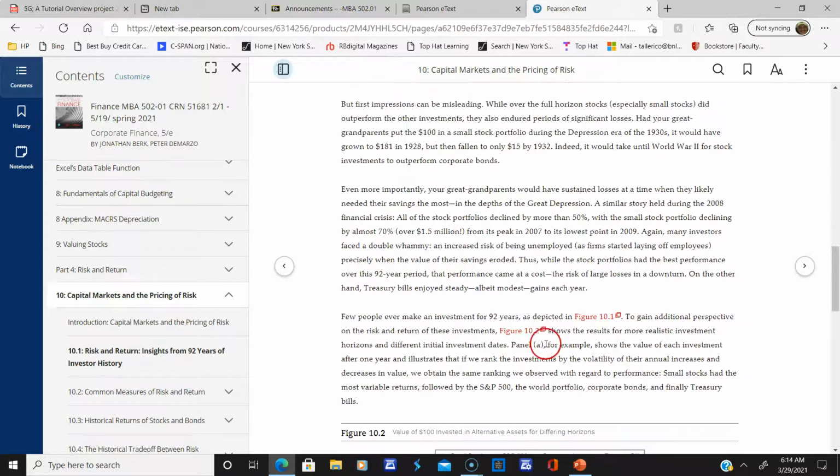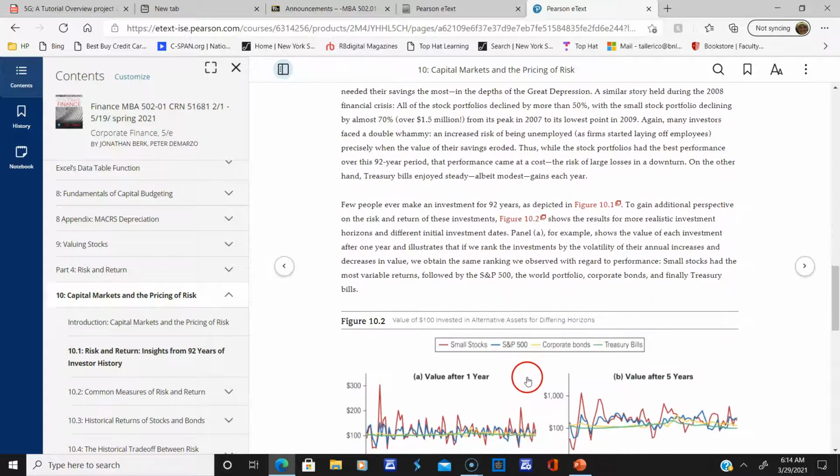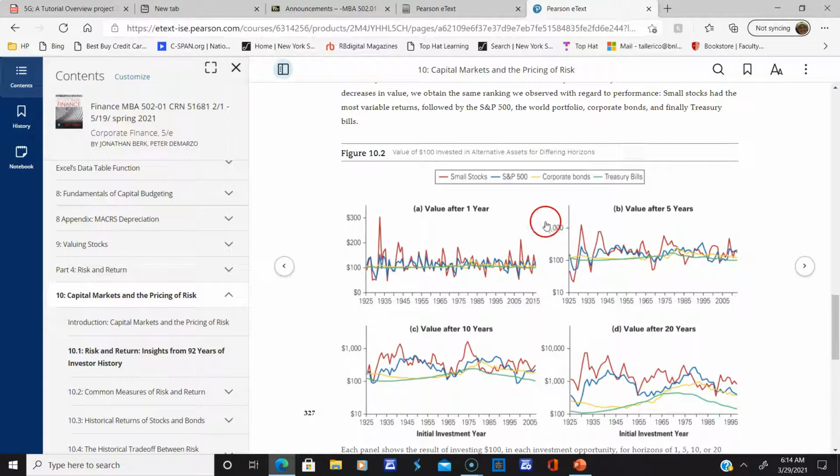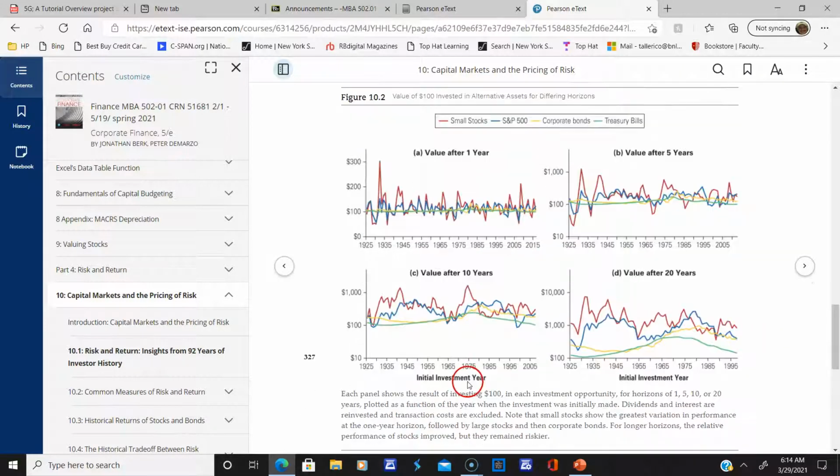All right, so what I want to do, you can see the different time horizons here, right? After 1 year, after 5 years, after 10 years, after 20 years, right? Value of $1,000 invested in different assets for different time horizons.